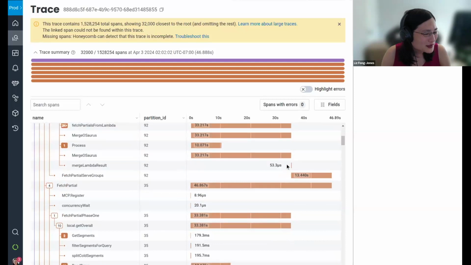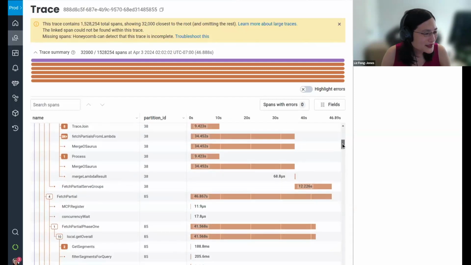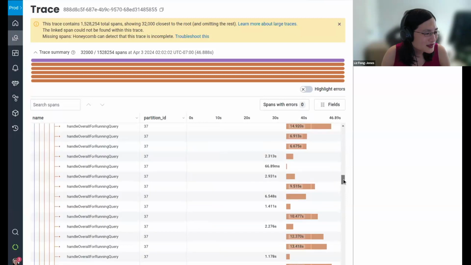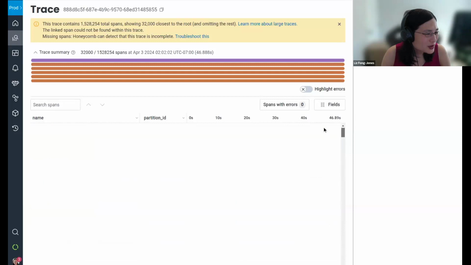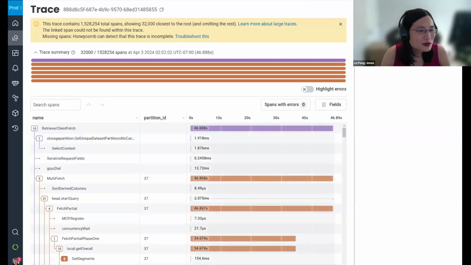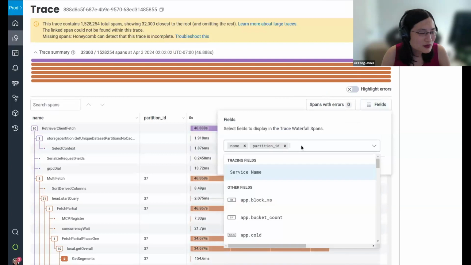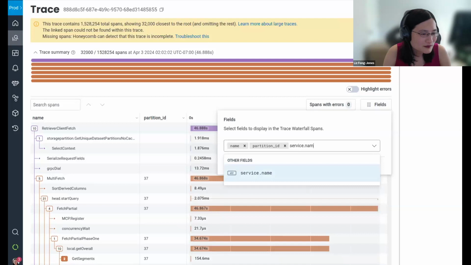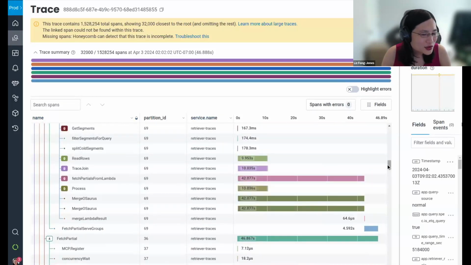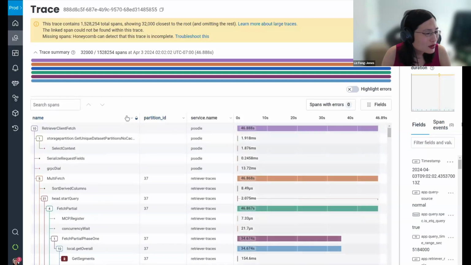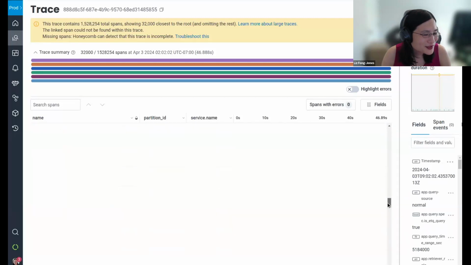So I've got a bunch of stuff that executes locally for 30 seconds. And then, yeah, where's the Lambda? Okay, so I probably have to slide this over. Let's show service name. Oops. Wait, that's sortable now? Oh, no. I got very excited for a second. Okay, the Lambda executions are not at this depth.